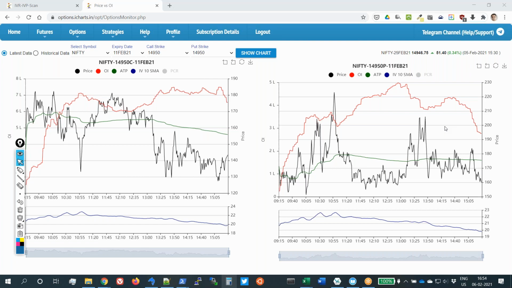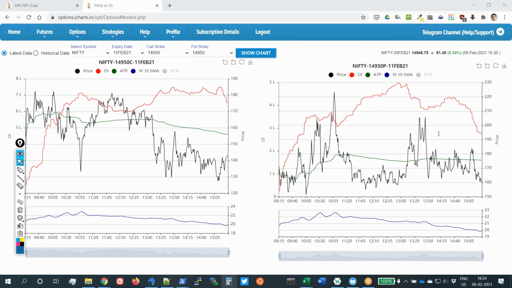Based on that, you need to see how OI has moved for the last few days, and only then can you take positional options on stocks or index or anything. You need to see for the last few days how OI is behaving and how price is behaving. Currently, you can do limited analysis using the futures OI scan, but an EOD based OI scan is needed. We will release that soon.